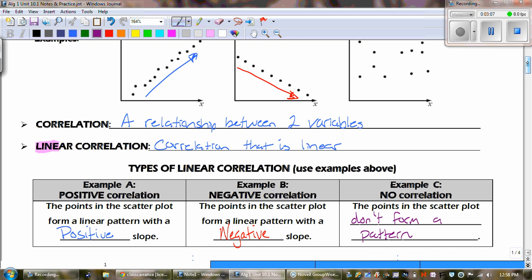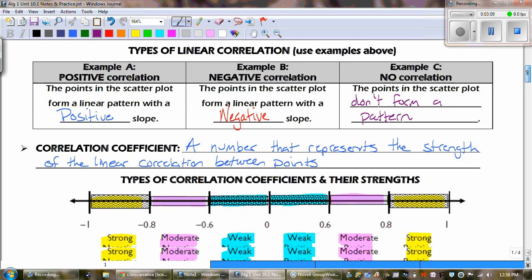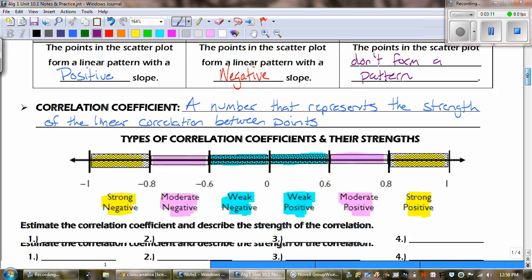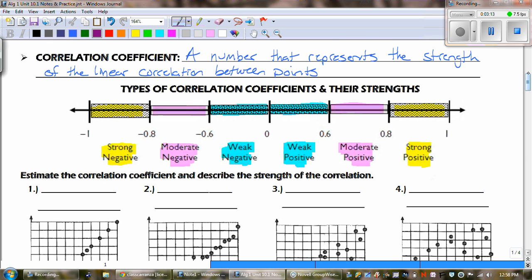Now, the correlation coefficient is a number that represents the strength of a linear correlation between points. So, we have strong negative, moderate negative, and weak negative, and then weak positive, moderate positive, and strong positive.